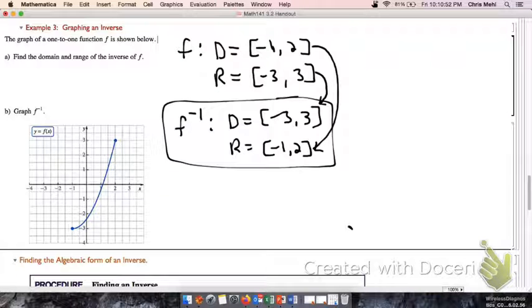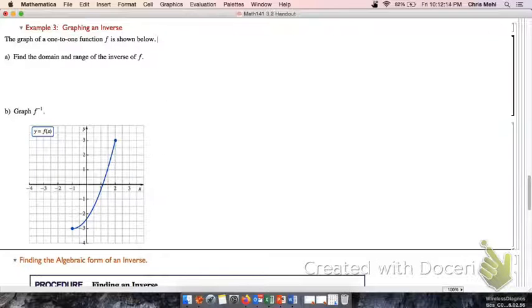And then now what I'm going to do is graph the inverse function. The way we're going to accomplish this is I'm just going to look at the graph, and I'm going to look at maybe 3 special points. I'll probably look at these 3 points right here.